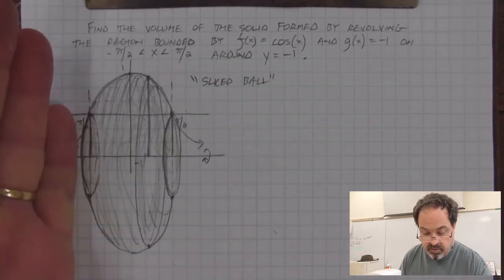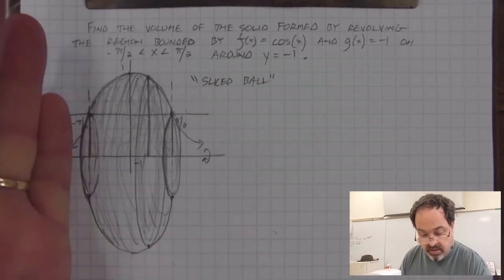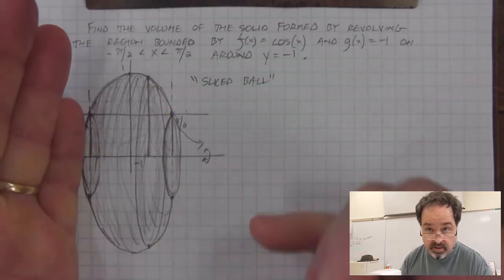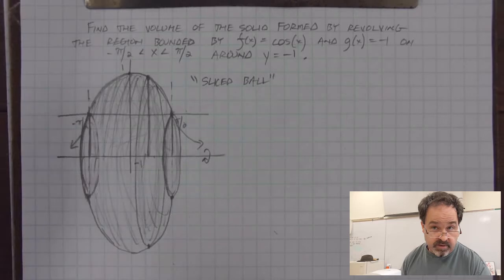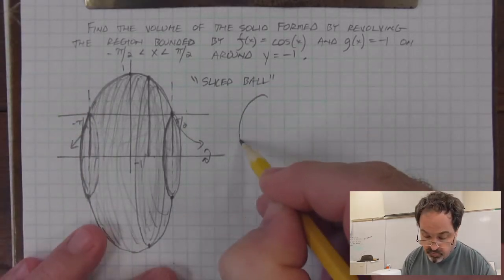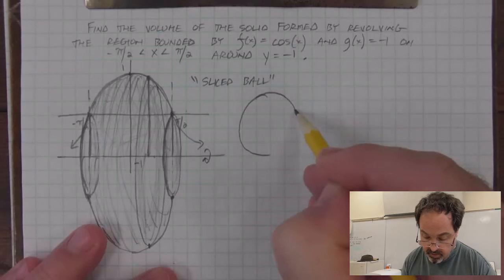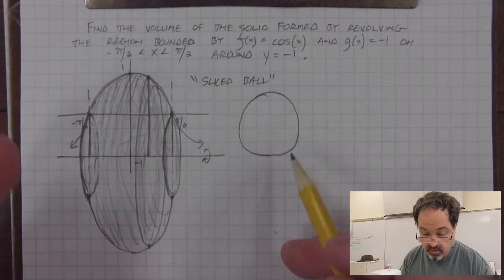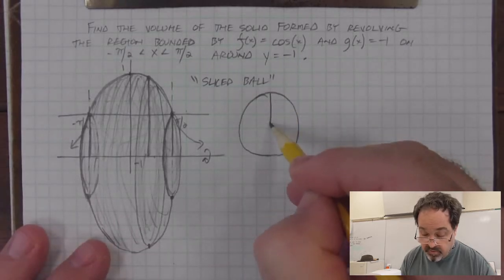The volume is created by adding up an infinite number of infinitely thin slices, and each of those slices is a disk. So if I focus now on the geometry of finding the area of any disk, no matter where it is, then I'll know what to integrate.